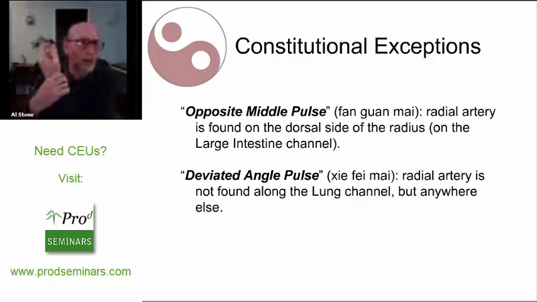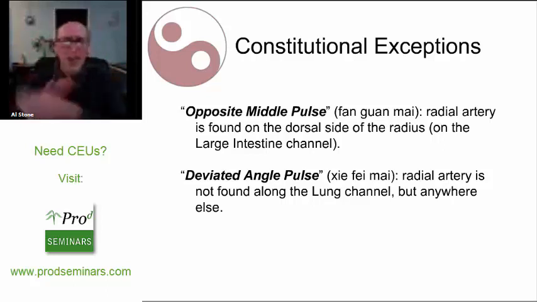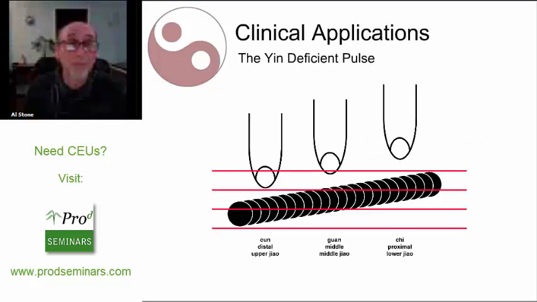I was checking some deep radial vein or something, whereas the radial artery just accidentally, God created him a little funny and it ended up over here. In which case you really can't assess depth, but you can certainly get a sense of a lot of these other components. So watch out for pulses that aren't where you expect them to be.